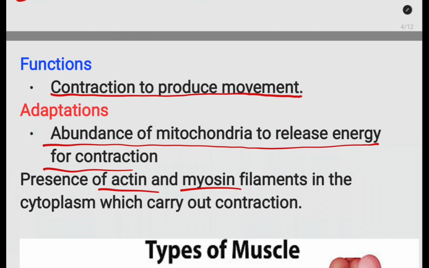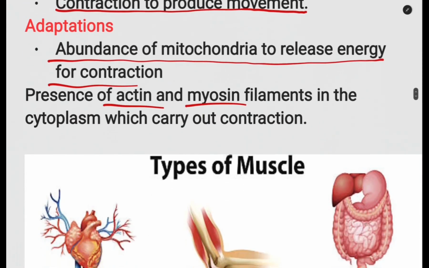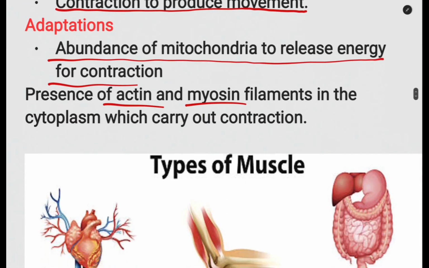At some point, if you do biochemistry, this part is detailed, where you learn about muscle contraction, and you will understand that actin and myosin play an important role in the contraction of muscles. At the moment, we just say presence of actin and myosin filaments in the cytoplasm which carry out contraction.